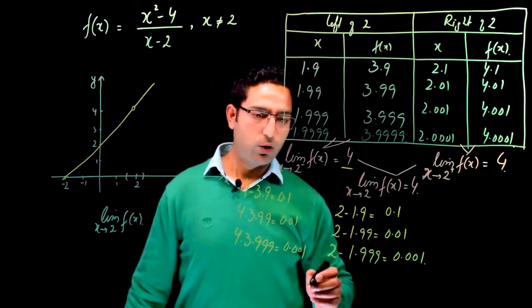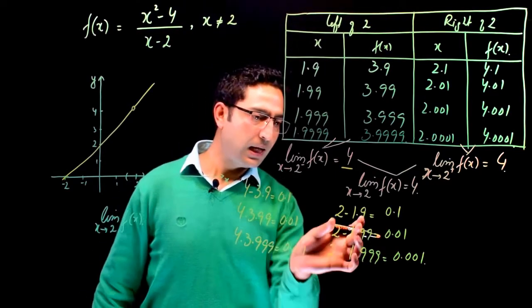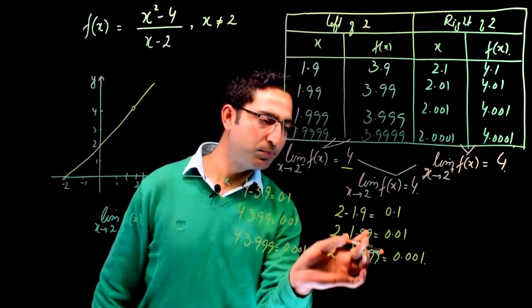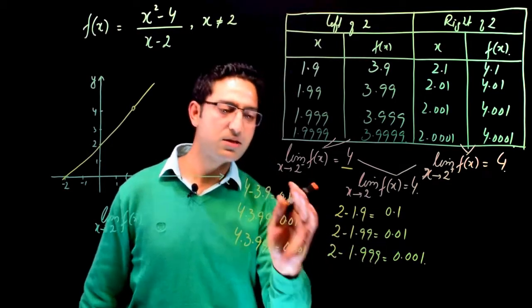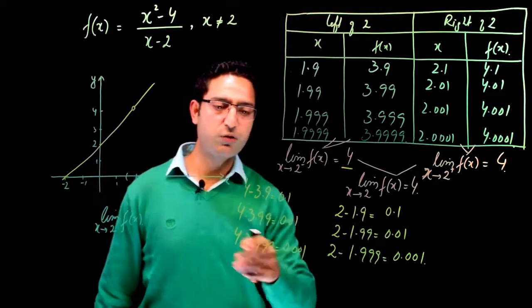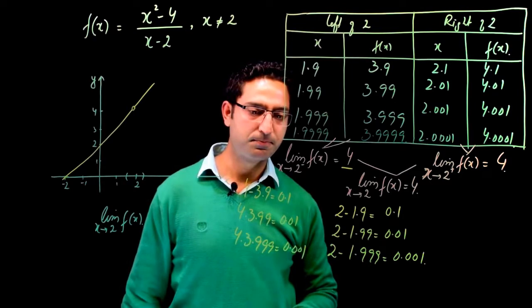So what this says is that the smaller the distance we take between 2 and the other points, the smaller the distance we get between 4 and the function values at those points.